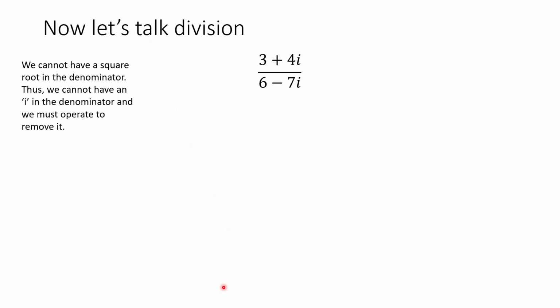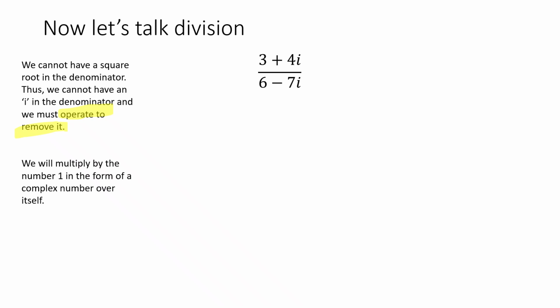So what we're going to do when we divide is, for the most part, simply operate to remove the i from the denominator. How are we going to do that? We will multiply the number by the number 1 in the form of a complex number over itself. So here's our general strategy with that.